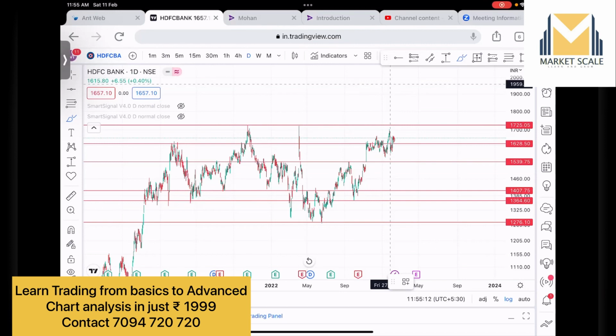Though it is a 40,000 course or 50,000 course, everything comes down to this point only: how to mark the support and resistance. That's the core idea. When the support gets broken, it will come down. When the resistance gets broken, it will go up.